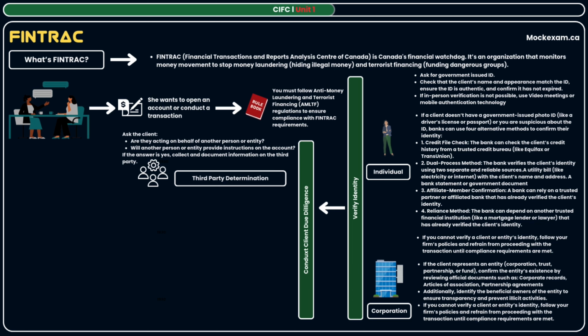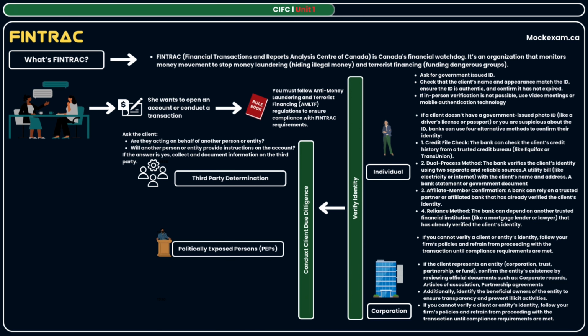You also need to ask: will another person or entity provide instruction on the account? If the answer to any of these questions is yes, you need to collect and document information on the third party.